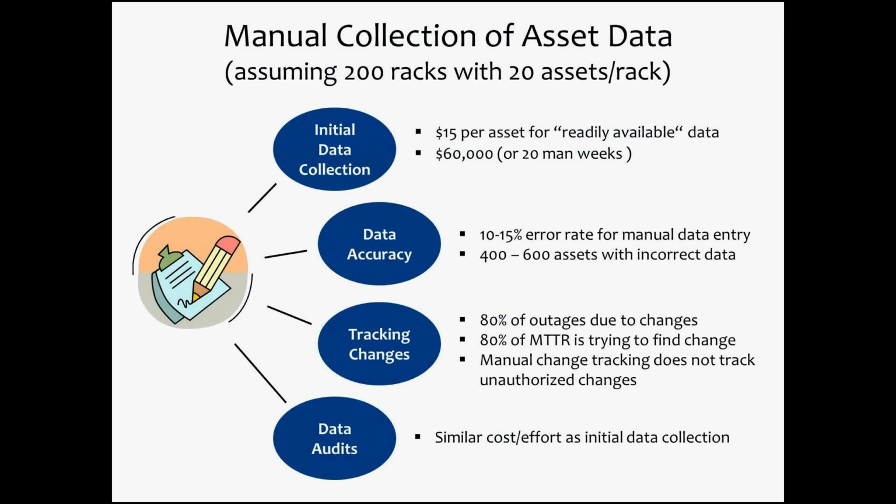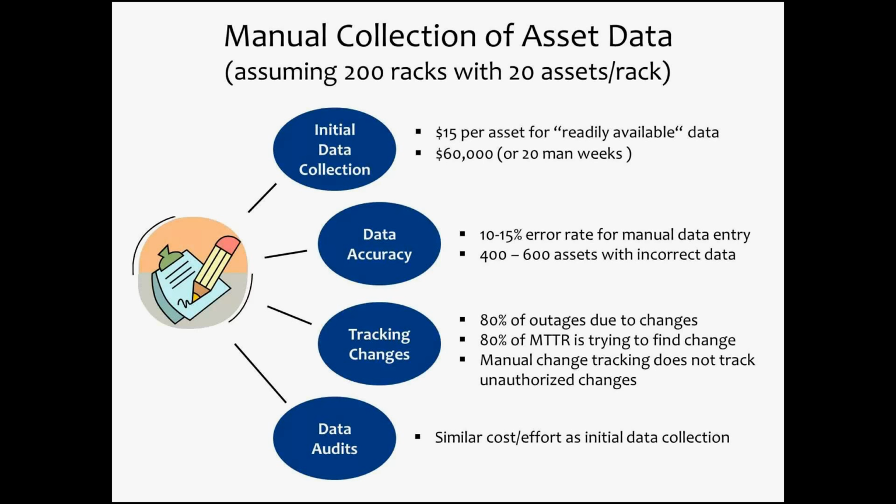And here's one of the problems with this initial data collection. It's the manual collection. Manual collection has multiple issues. So in my example here, let's say I have 200 racks with, say, 20 assets per rack. So I have 4,000 assets that I'm trying to keep track of out there.